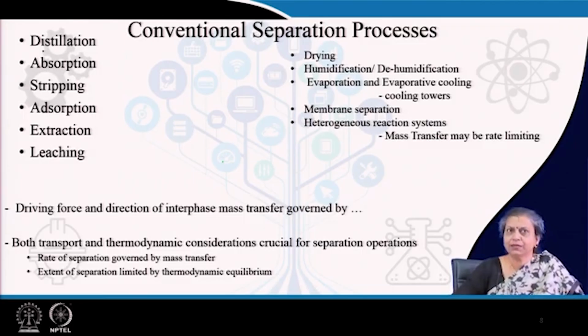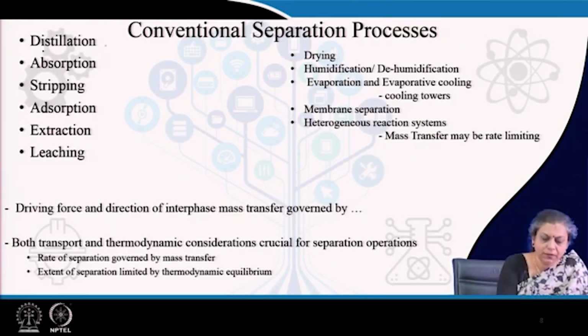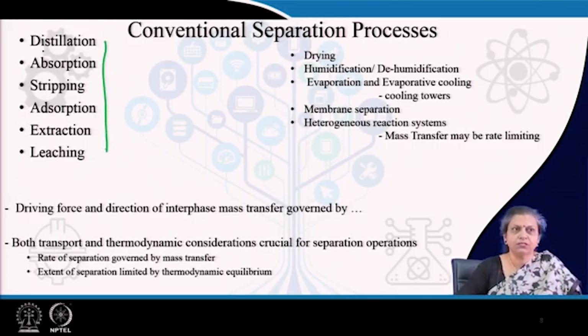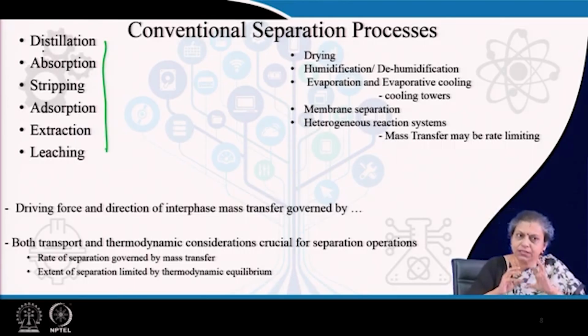What are the equilibrium considerations? For all the processes that we have discussed, how much amount of the component will be transferring from one phase to the other, that depends not on the concentration difference of the component in the two phases, but the difference of chemical potential of the component in the two phases.